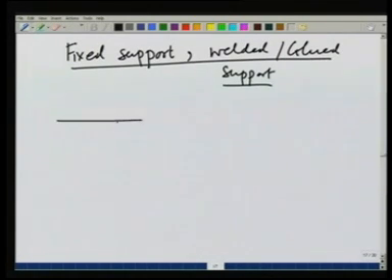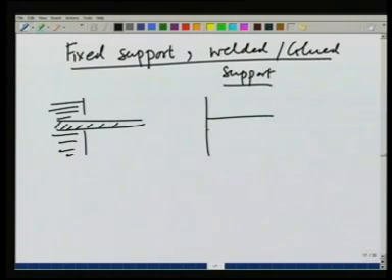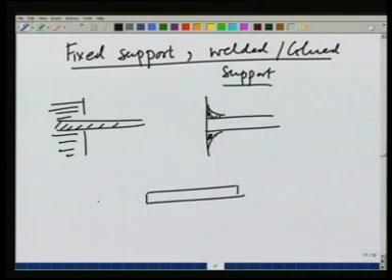It was a support that was either built in a wall or it was something that was welded or glued here, and these supports could provide a force in x direction, in y direction, as well as a torque tau.